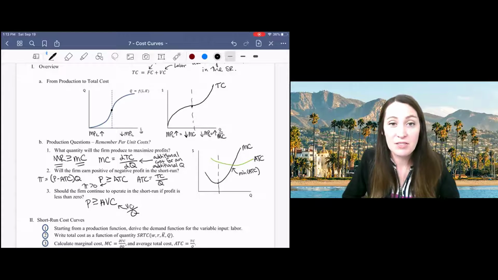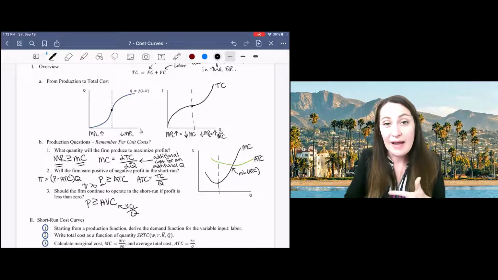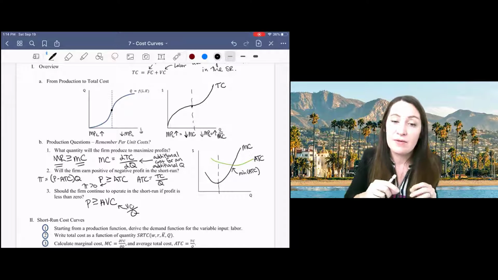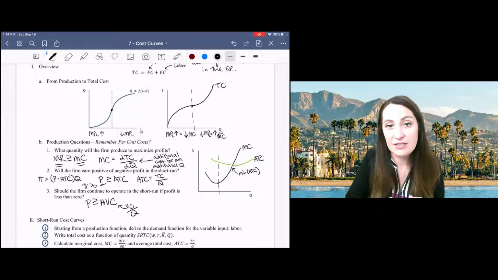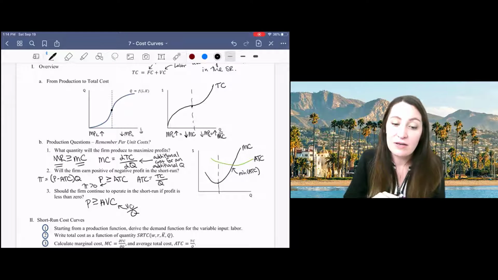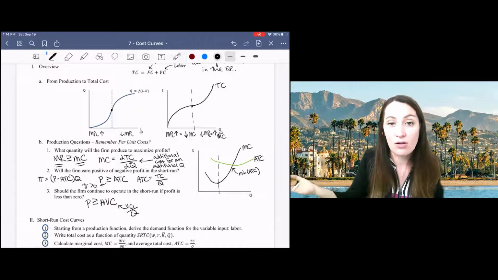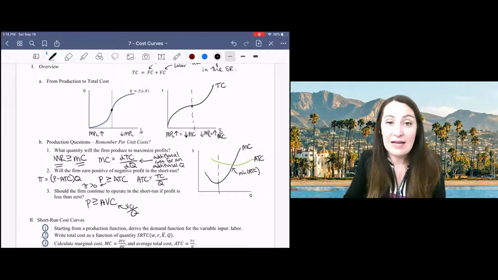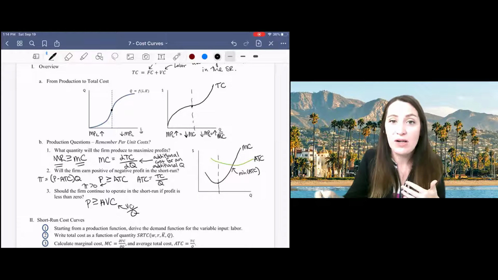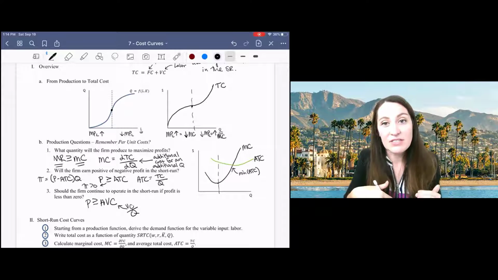So remember when we talked about marginal product and average product, and how the relationship between the marginal and average functions dictates that as long as your marginal function is below the average function, your average function will be decreasing. If you think about GPA, for example, your GPA is the average of your grades in all of your classes. Your marginal grade would be the grade from one more class. So if you take one more class and you get a lower grade than your average, it's going to bring the average down.